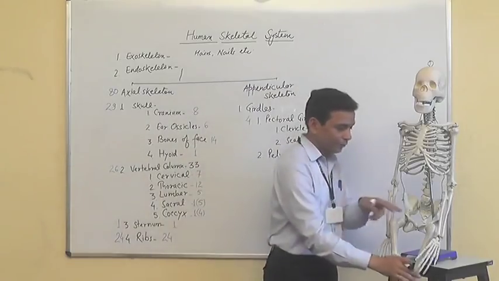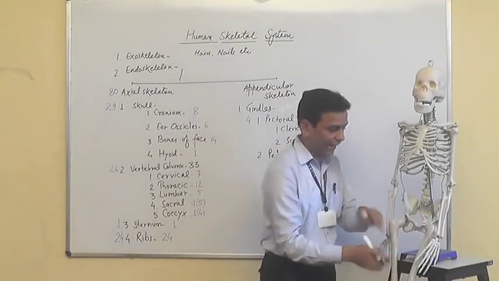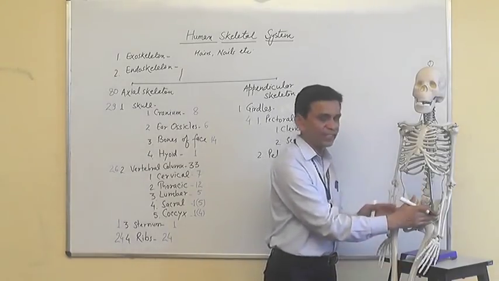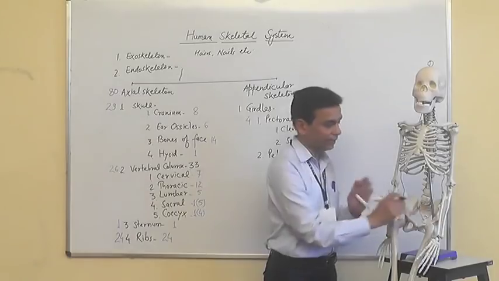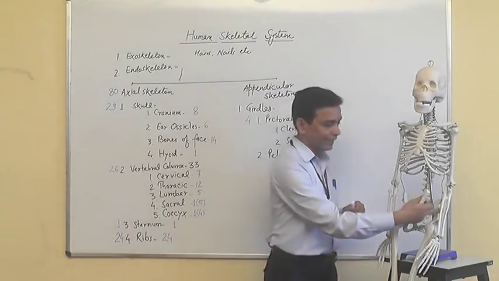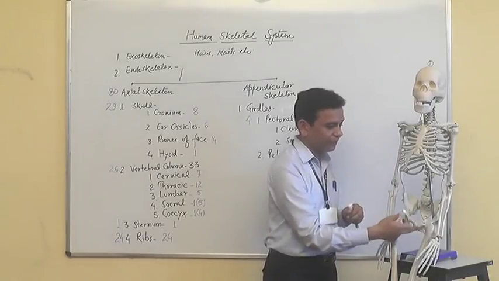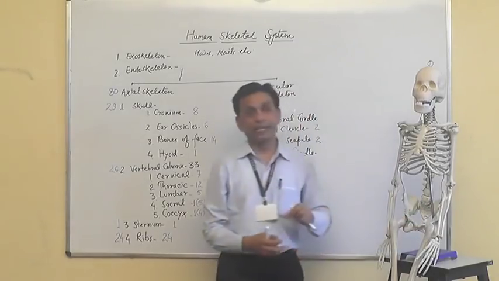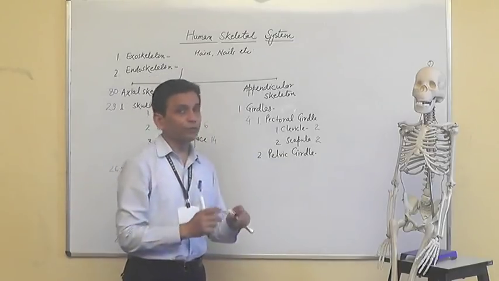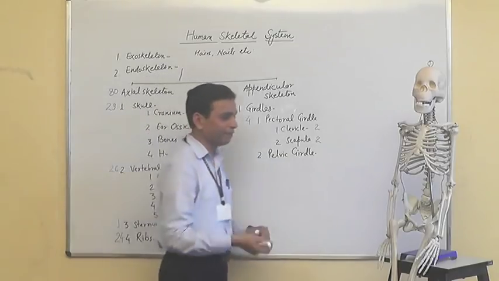Our femur of our leg is attached to our axial skeleton through this girdle. This is pelvic girdle. It consists of three main bones: ilium, ischium and pubis. But students, these three bones have fused to form only one bone, that is our hip bone.